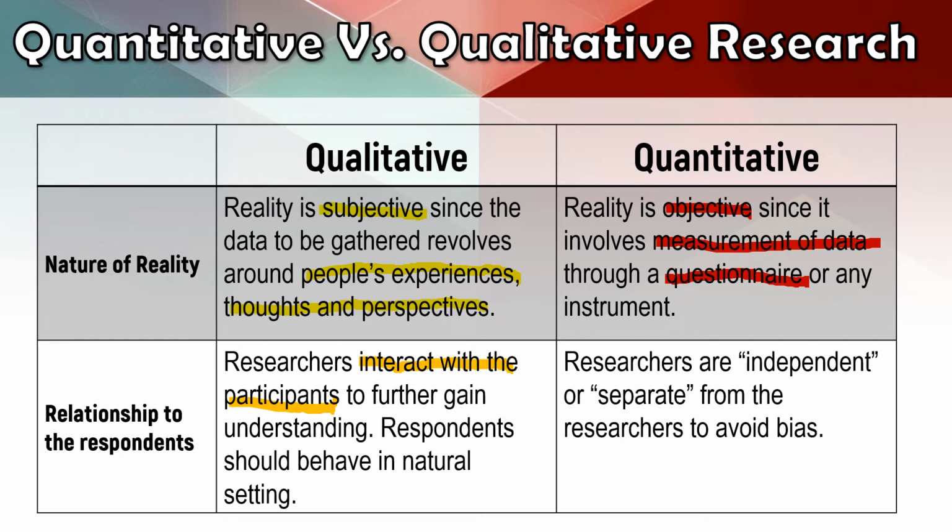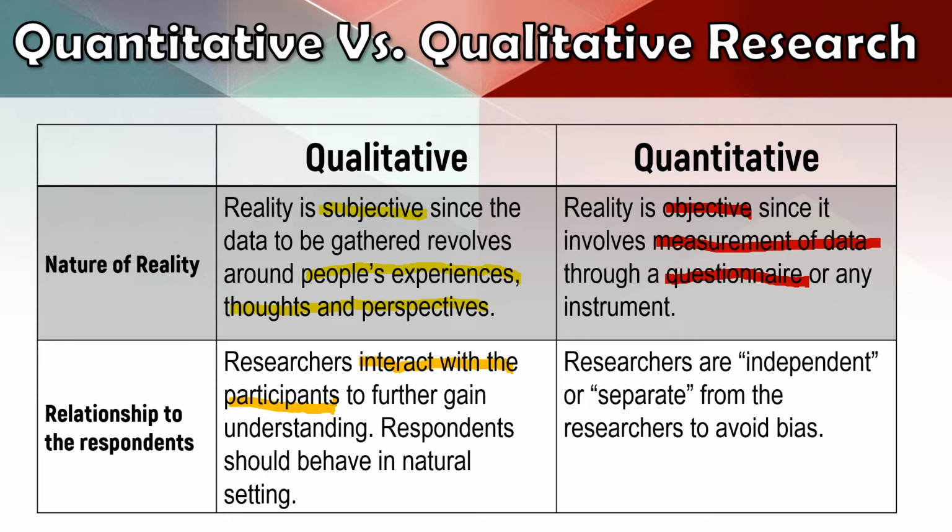Qualitative research uses interviews. Therefore, when we say interview, there is a direct personal contact between the researchers and the respondents. So they interact with each other. They may ask questions, they may ask follow-up questions, they may give each other's opinions. That is what we call interacting with the respondents or participants.